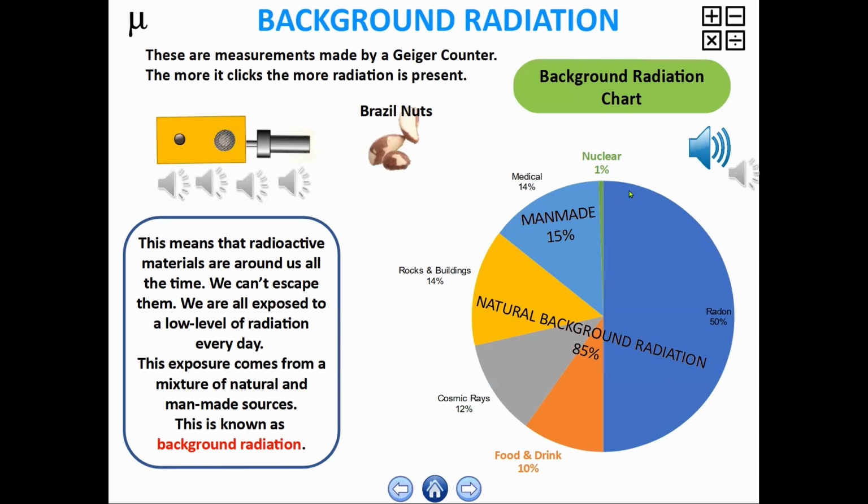And then we've got this stuff called radon gas. We're going to come back to radon in a little bit, particularly if you're in Wales, which is what this course is aimed at. There is a map looking at Wales, sort of showing the levels of radiation in various different places. So exposure to this comes from a mix of background and man-made sources, and this is known as background radiation.